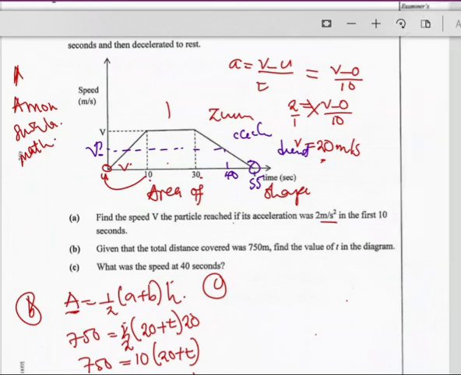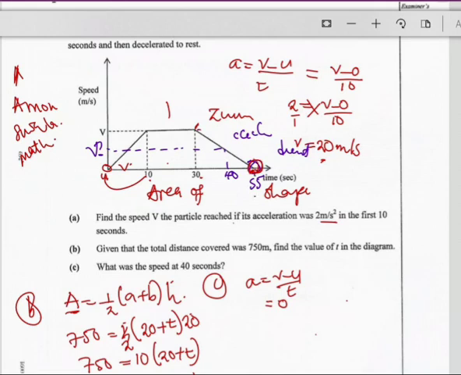First, we calculate the deceleration. A equals v minus u over t. Our initial velocity is this one, and our final, at rest, is this one. So we have 0, because this is where it rested.